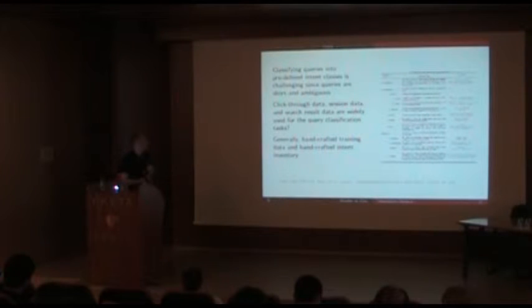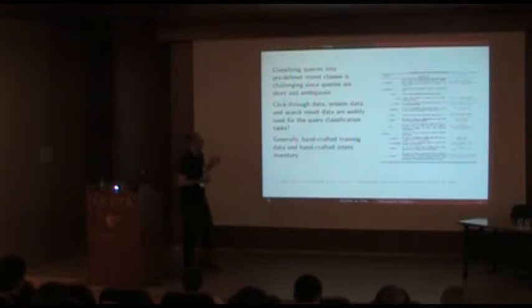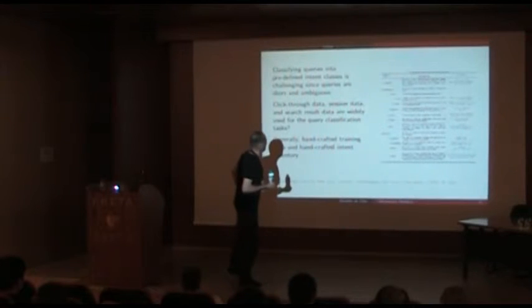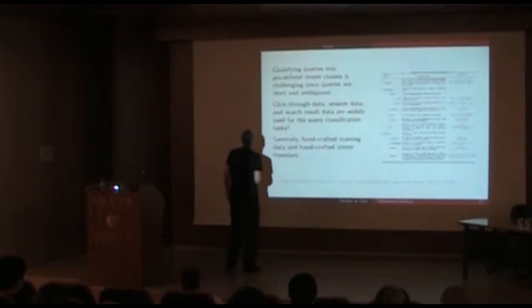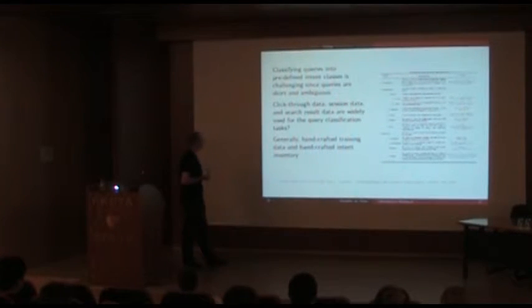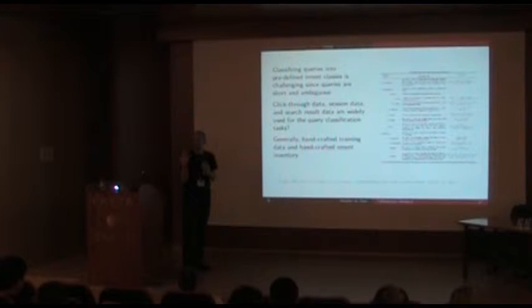Okay, so this is hardly readable. I'm sorry about that. Classifying these queries into categories is often challenging because you get just a few words, but there may be a lot of context that you could use.